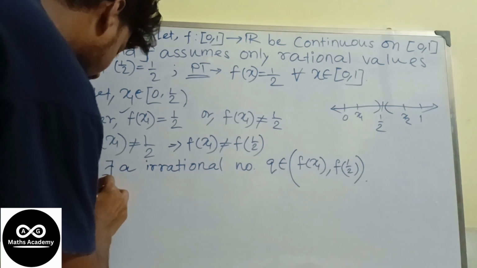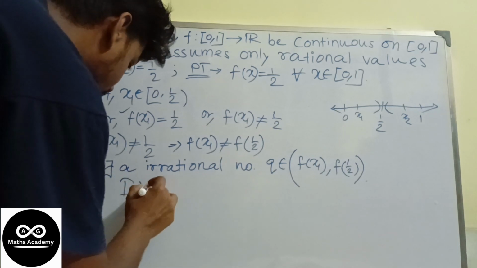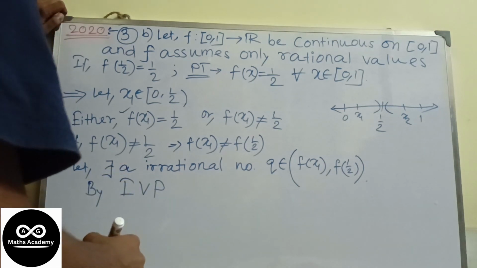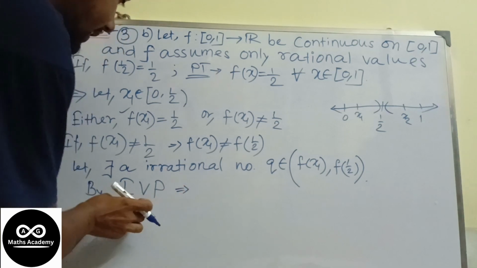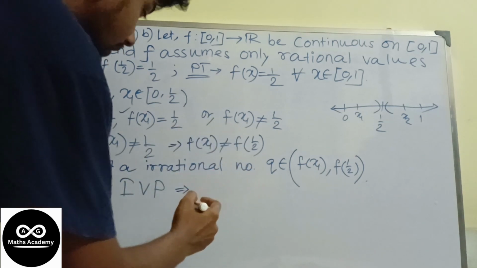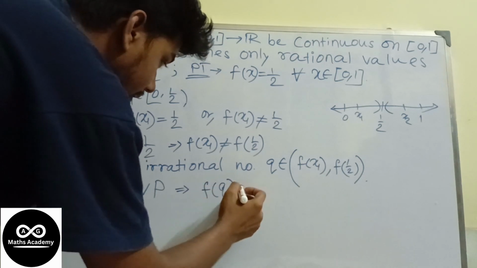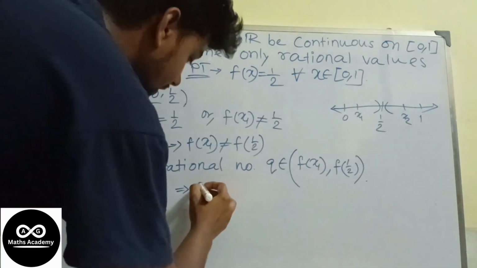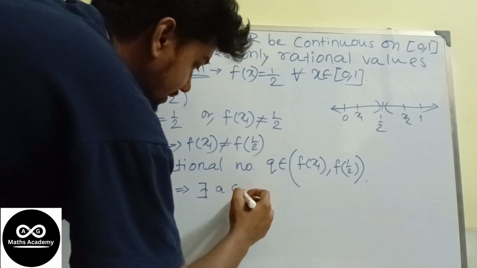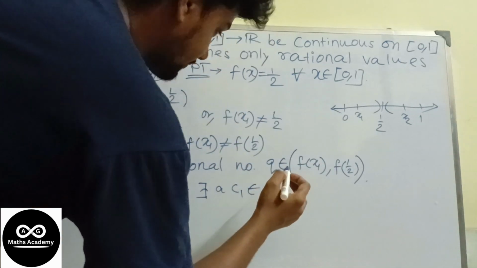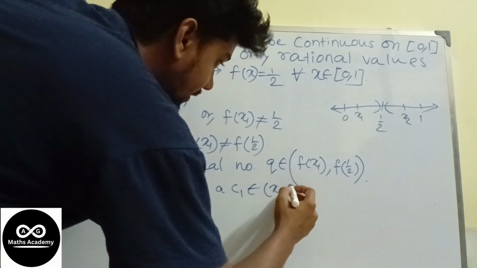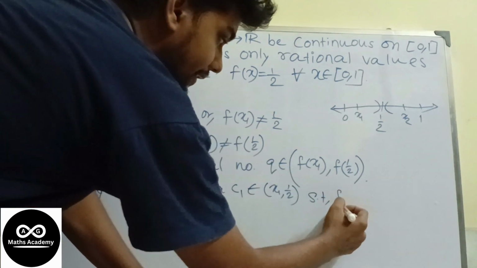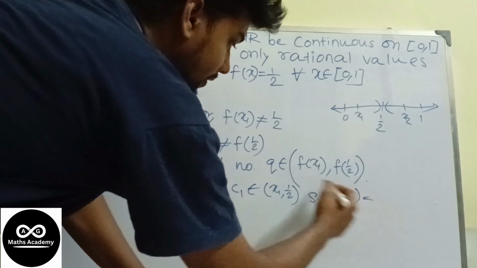Then by the intermediate value property, IVP in short form, we get that there exists a c1 belonging to x1 comma half such that f of c is equal to q.